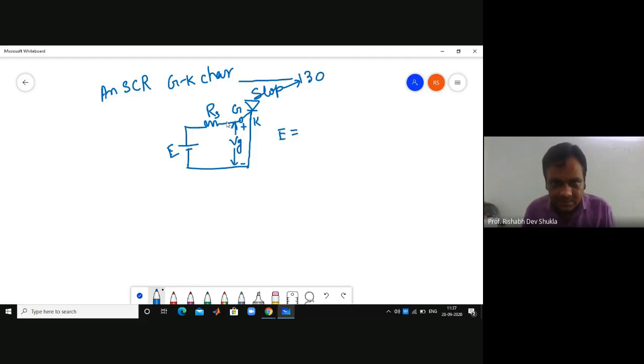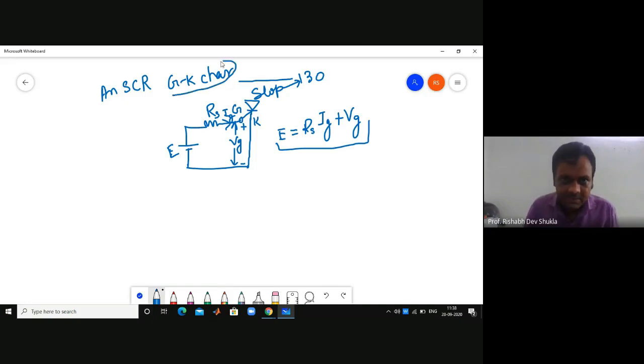E is equal to Rs into Ig plus Vg, if this is your Ig. This is an equation of a straight line, and we can represent it like this.